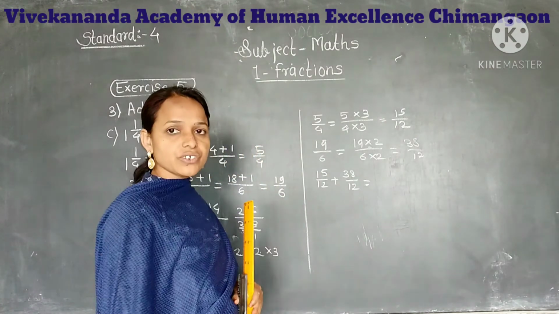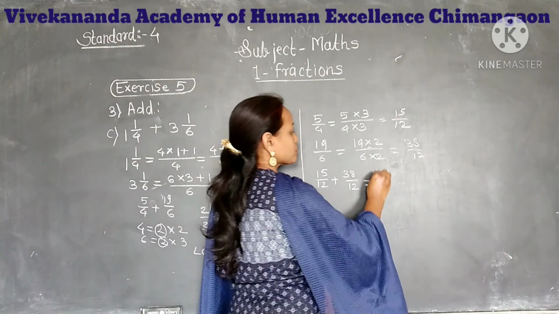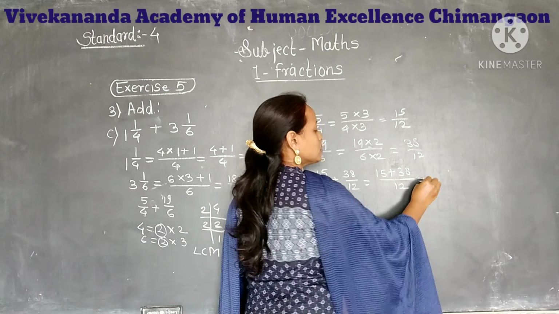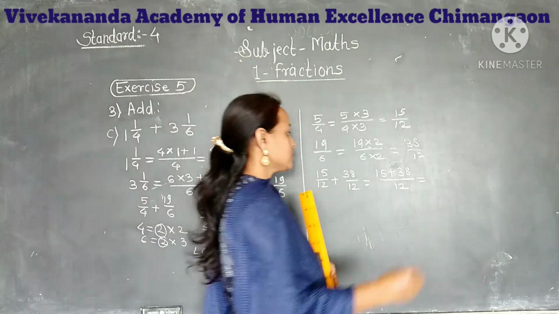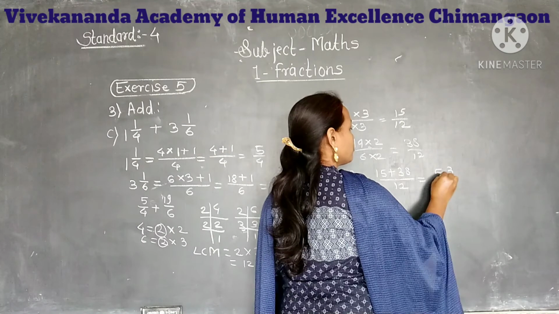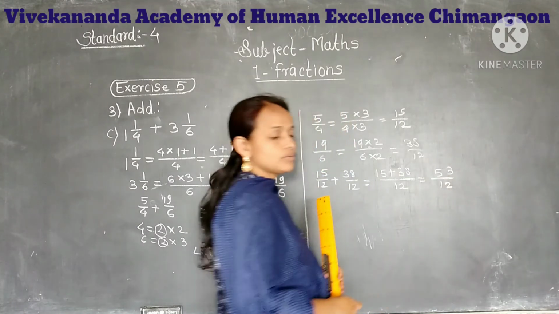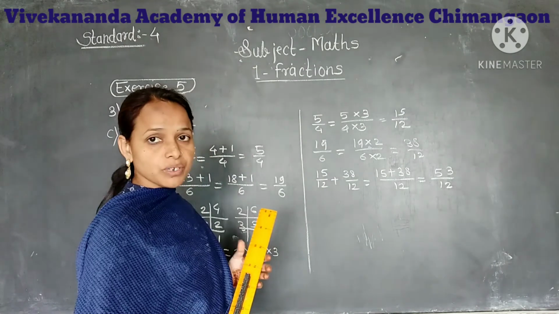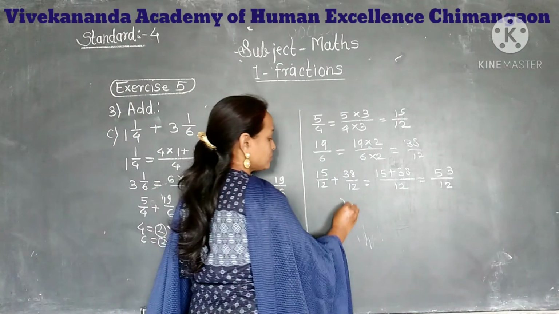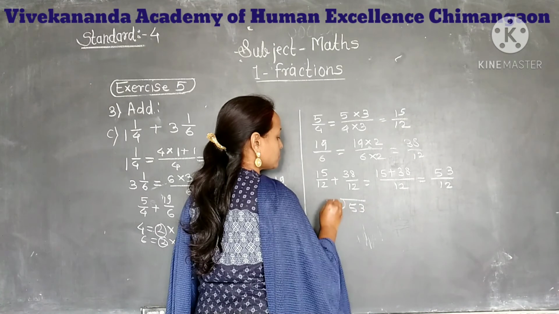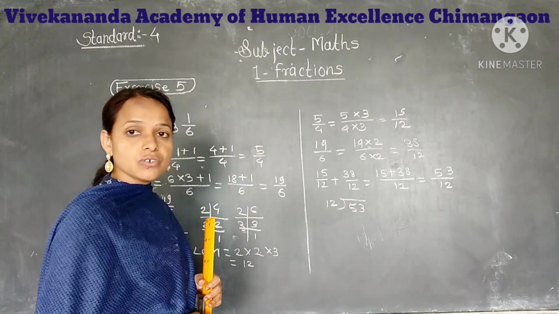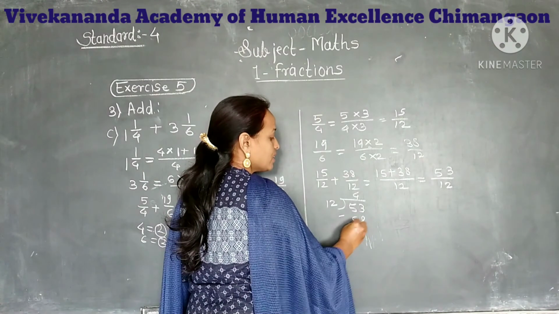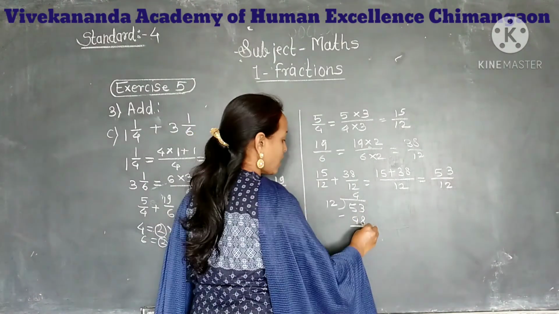Now these are like fractions, so we add the numerators. 15 plus 38 upon 12. So we add, we get 53 upon 12. Now we have to reduce it into lowest term. So we divide 53 by 12. 12 4s are 48. So we get quotient 4 and product 48, subtract, we get 5.